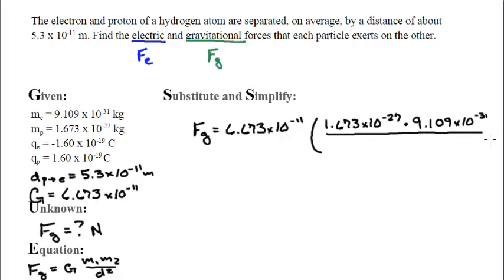That's the mass of the electron. Now I'm going to divide by 5.3 times 10 to the negative 11, but once again, that quantity is squared.